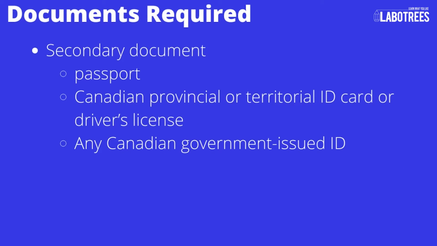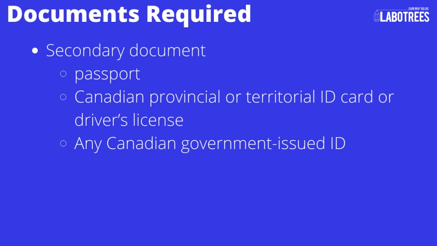The next document, the secondary document that you require, is your passport. Passport can be your Canadian passport. But if you're coming to Canada, then it's sure that you do not have a Canadian passport. You should have your own country's passport, so you can use that.